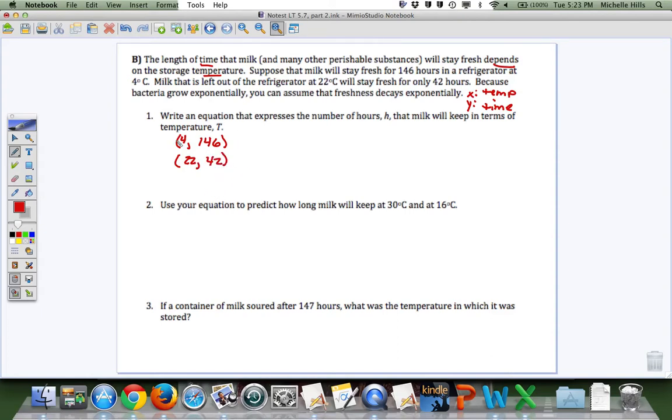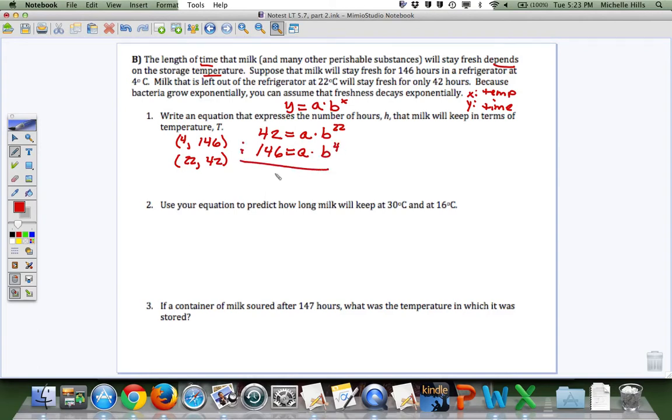Now I go back and I just use these two points to write an exponential equation. You know I prefer to have my largest exponent first, so y equals a times b to the x. Y is 42 equals A, which I don't know, times B, which I don't know, to the 22nd power.